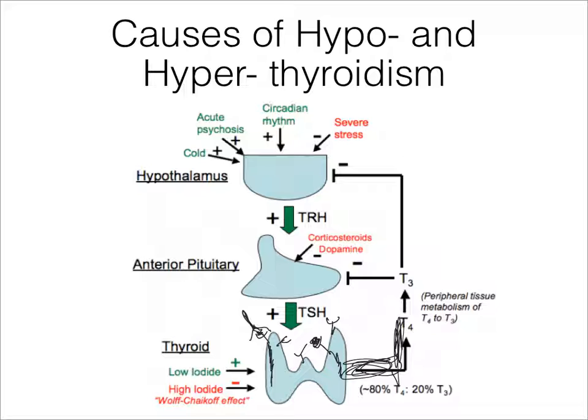For hypothyroidism, you could again have too little release of TRH. That could be caused by a tumor, not of the cells that make TRH, but of nearby cells. And then as that tumor grows, it puts pressure on those TRH releasing cells, sort of crushing them against the edge and killing them off or impairing them.